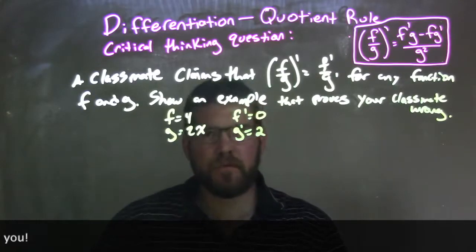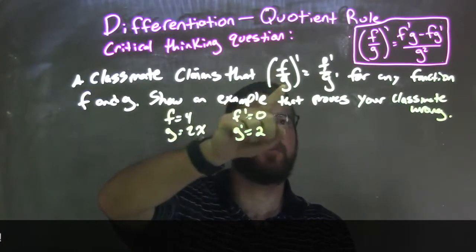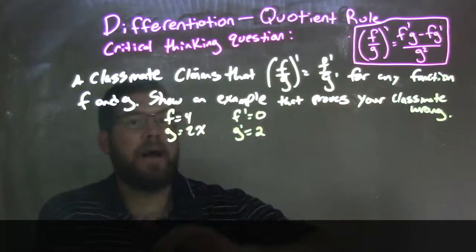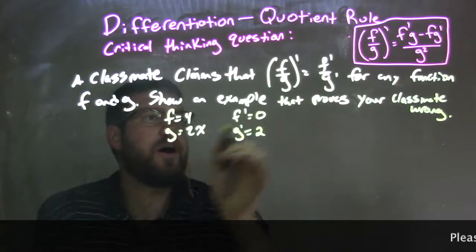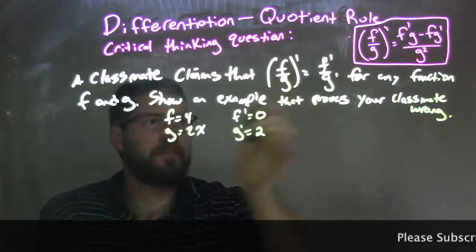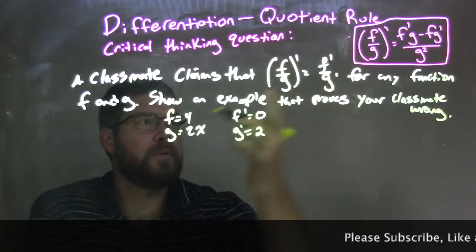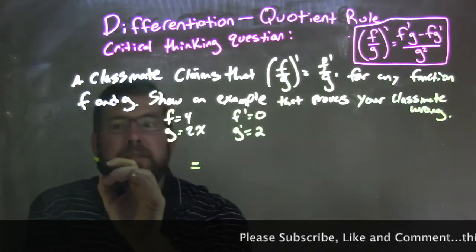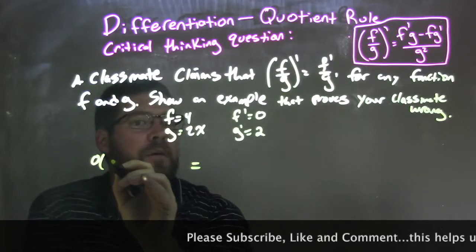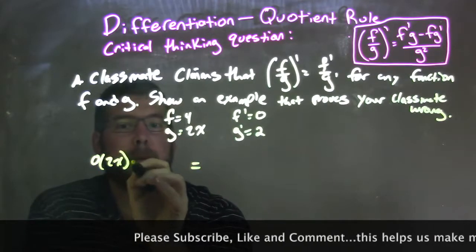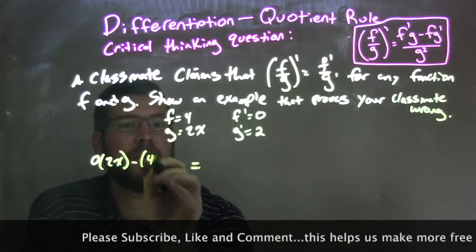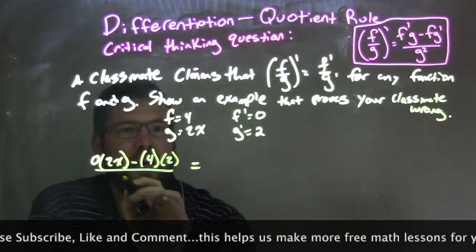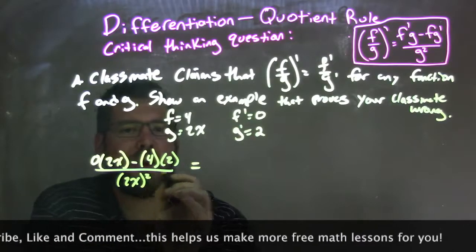Okay? So if I wanted to find f over g prime, that's our quotient rule. That's a rule that we know, so I'm going to apply that. I'm going to take my f over g all prime, and that's going to be f prime, which is 0, times g, which is 2x, minus f, which is 4, times g prime, which is 2, all over g squared, which is 2x all squared.